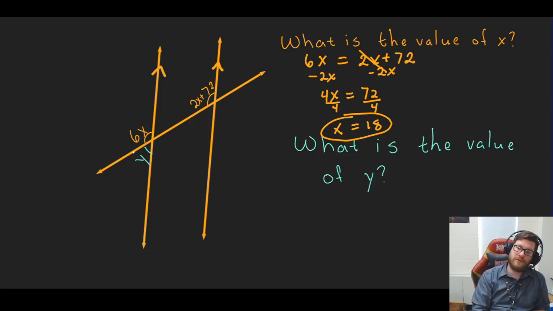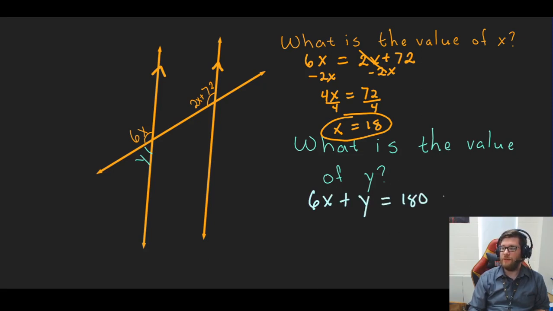There's this angle here, and then this angle here, if you trace them with your finger. So those two angles add up to a straight line, which is 180 degrees. So 6x plus y equals 180 degrees.